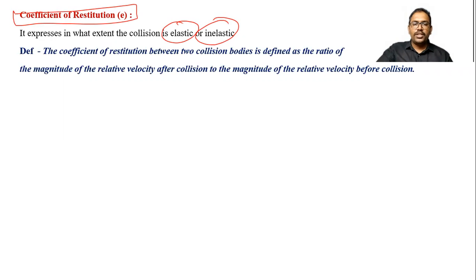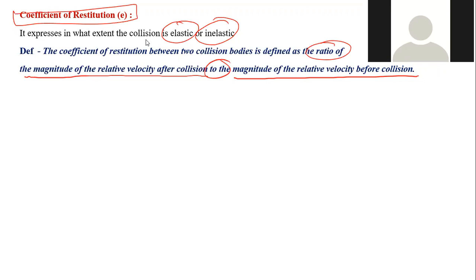The coefficient of restitution between two colliding bodies is defined as the ratio of the magnitude of relative velocity after collision to the magnitude of relative velocity before collision.